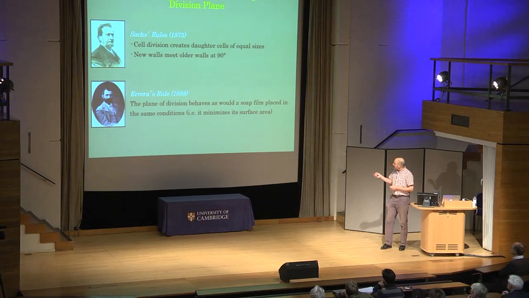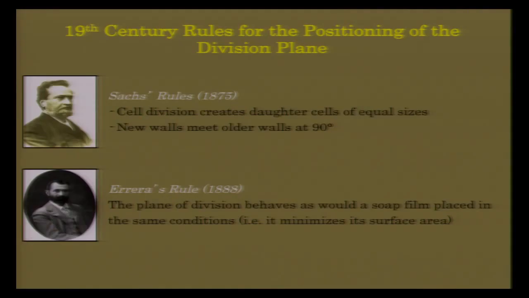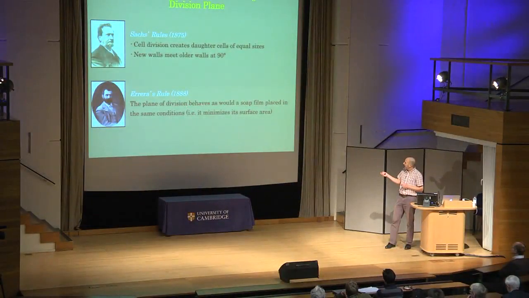And finally, there is another rule that came out a few years later by Léo Errera, who was in fact working side by side with Plateau, and he made a parallel with cell division. He said that the plane of division behaves as would a soap film placed under the same conditions.